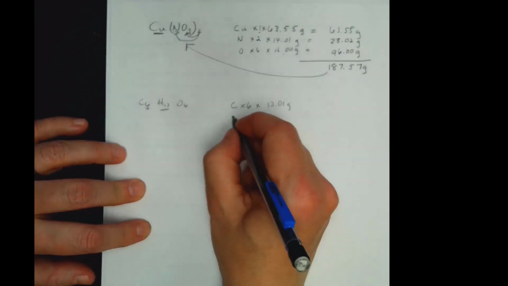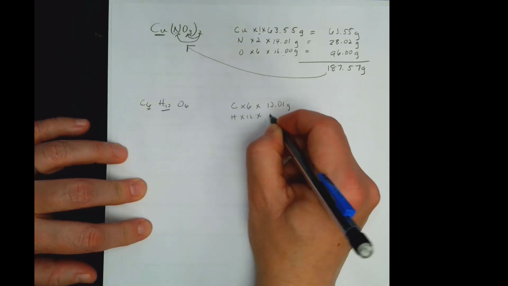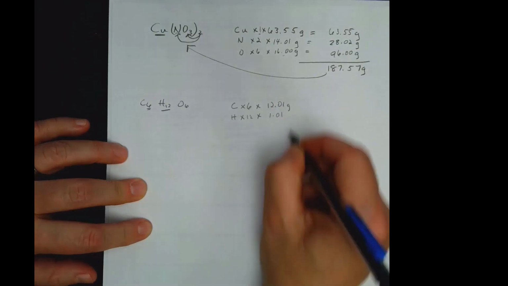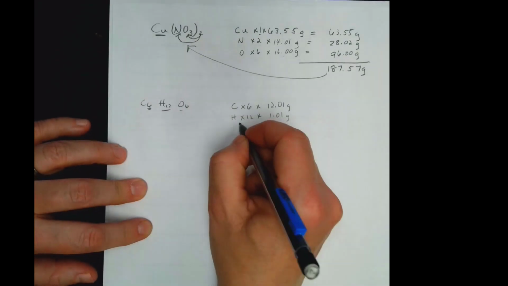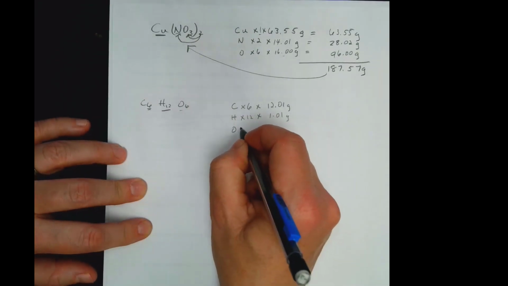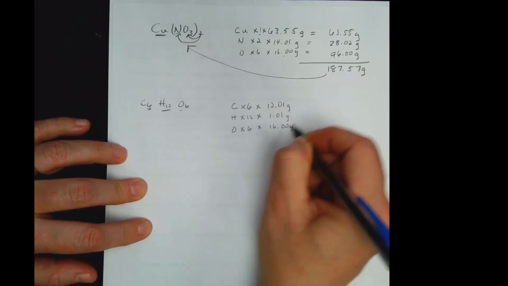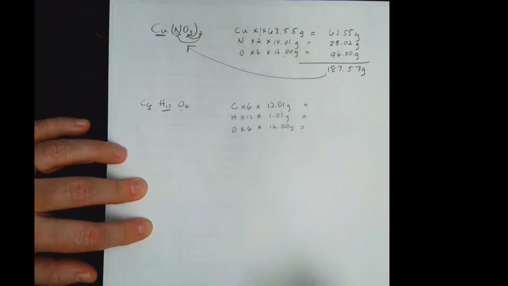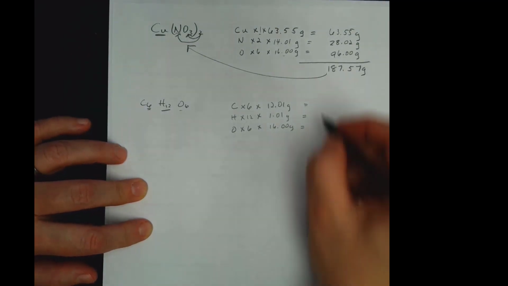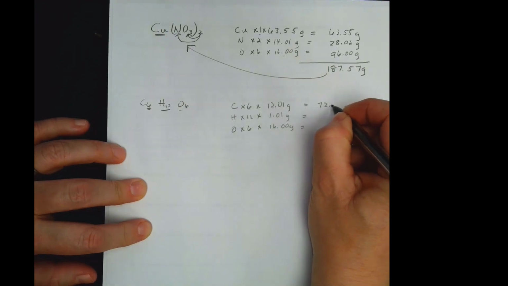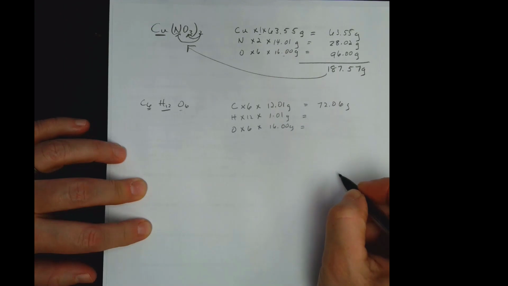I've got 12 hydrogens. So I've got hydrogen times 12 times 1.01 grams, because I know that's the atomic mass of hydrogen, and I've got 6 oxygen. Oxygen times 6 times 16.00 grams. So if I do the math on all of these, I end up with 72.06 grams of carbon.